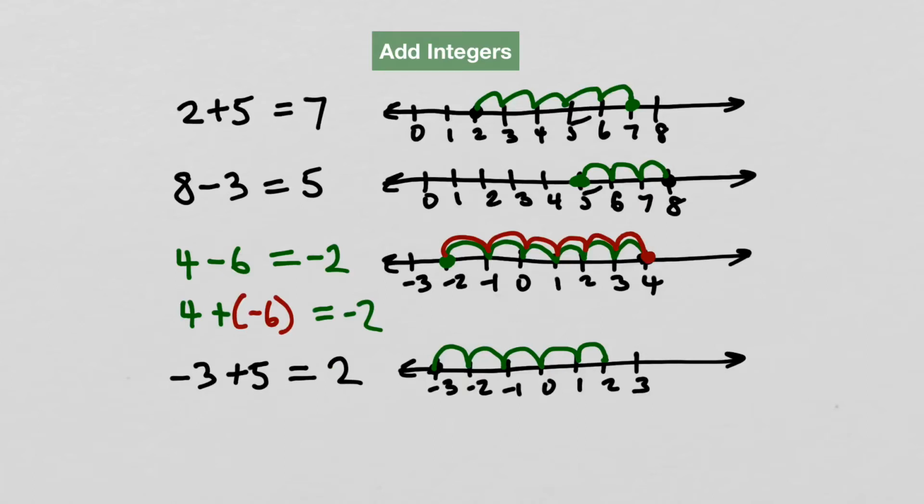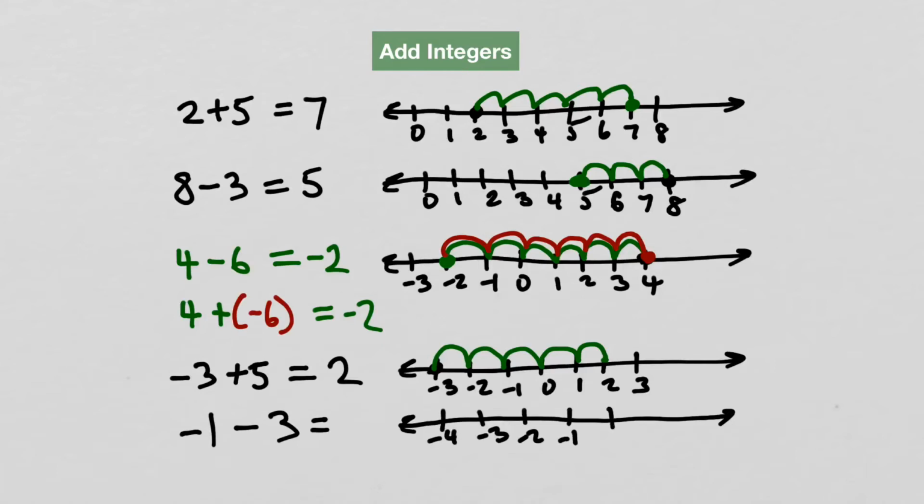Now, let's add yet a fourth variation. Let's say we've got -1, and we're going to subtract 3. What does that equal to? Well, we're going to use the number line again. I'm going to go with -4, -3, -2, -1, 0, 1. So we start with -1. That's right here. So -3 tells me we're going to go to the left.